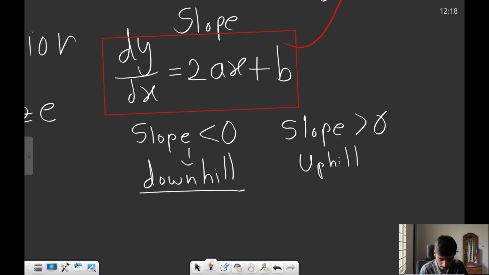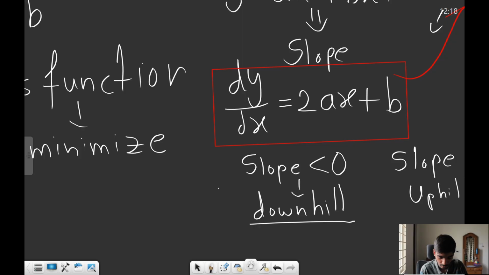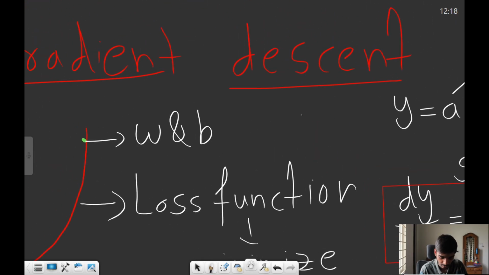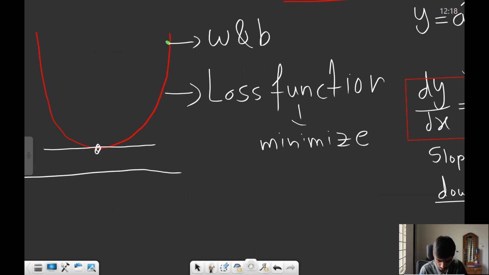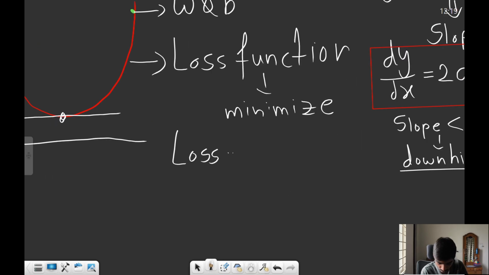Let's get back to our original example, y equal to wx plus b. The loss function is equal to 1 by n into sigma of (y cap minus y) squared.